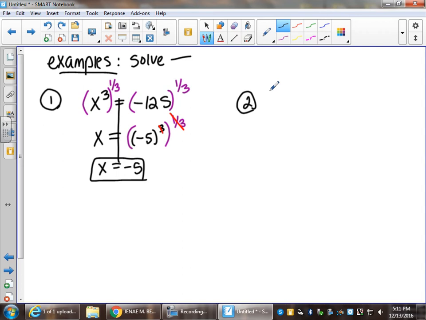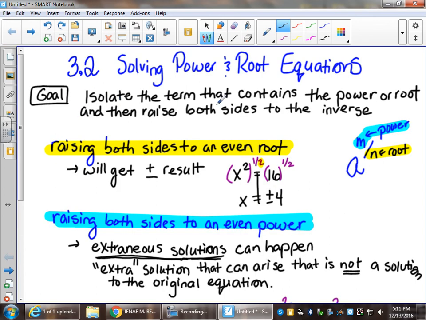Two says 1/2 x to the 4th plus 15 equals negative 113. Line down the equal sign. Now here, the term that contains the power or the root is not by itself.